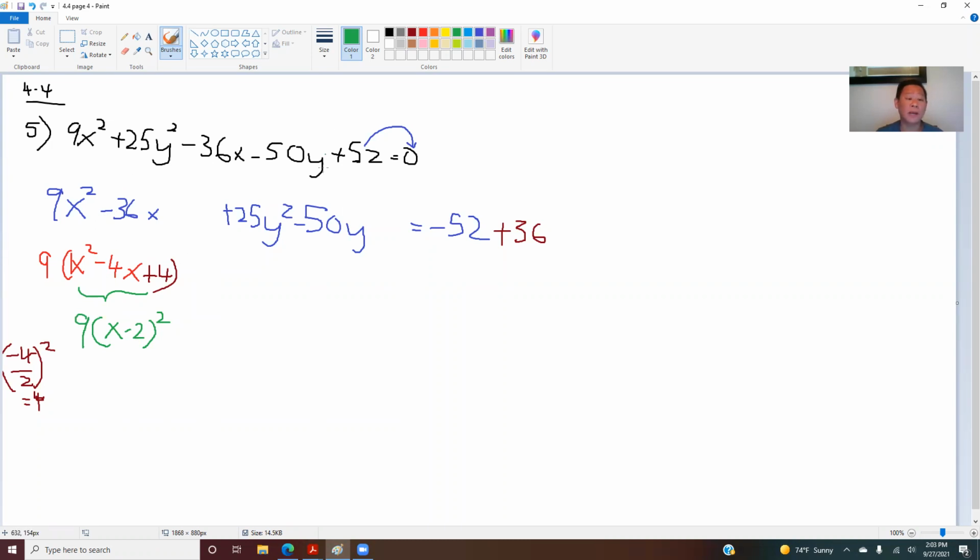So you guys go ahead and do the y terms. I did the x terms, so make sure you guys do the y terms here. Perform completing the squares on the y terms. Go ahead and do it. You need to know how to do this.